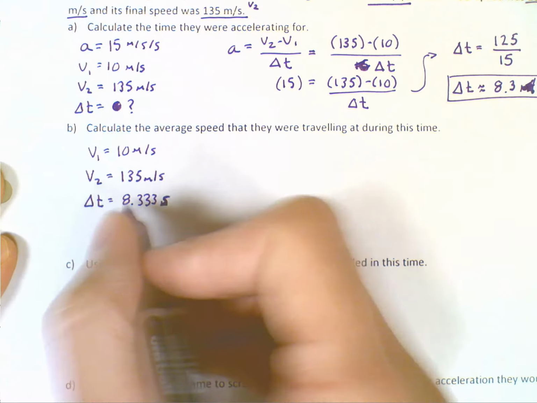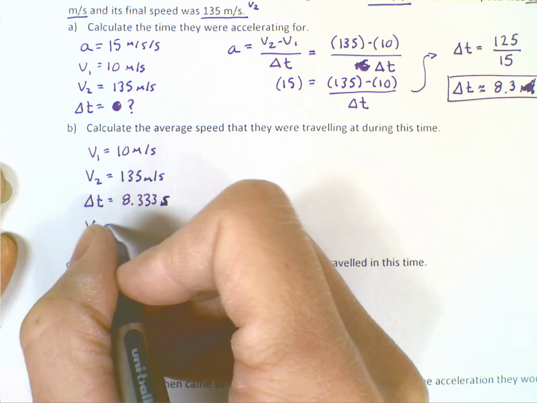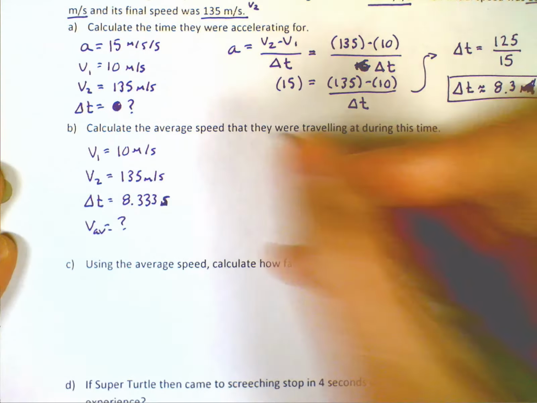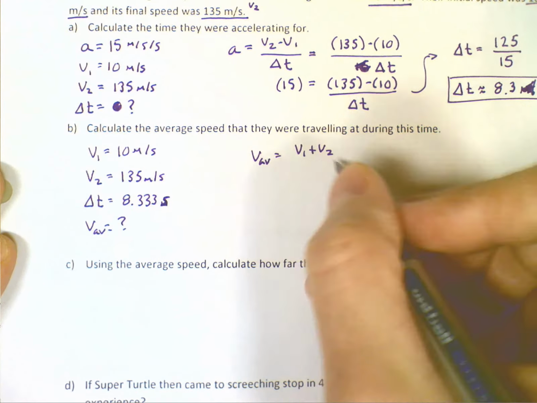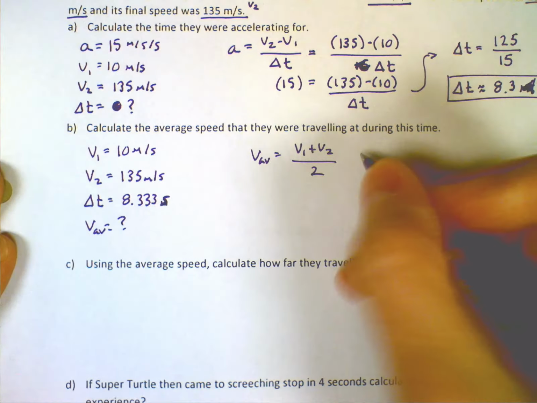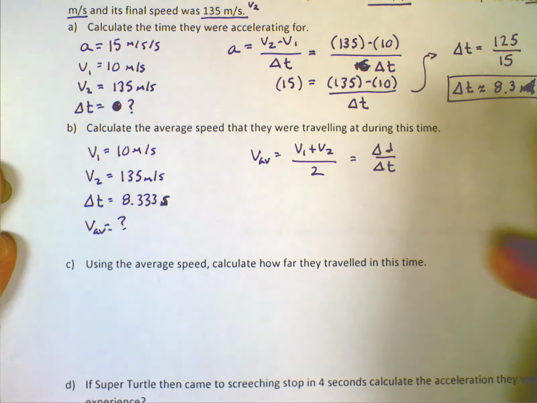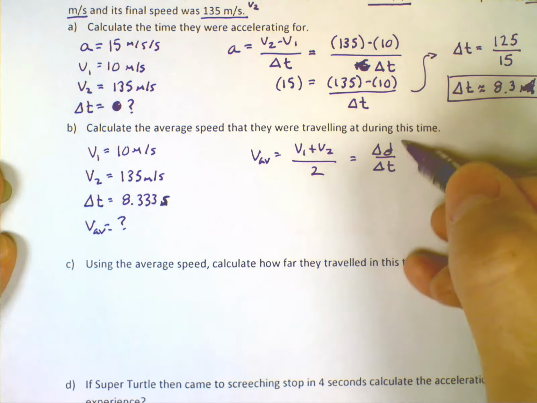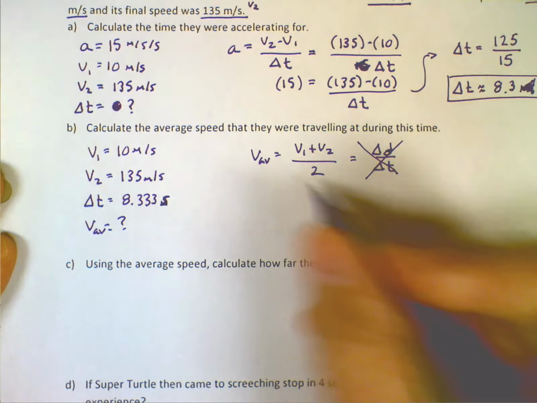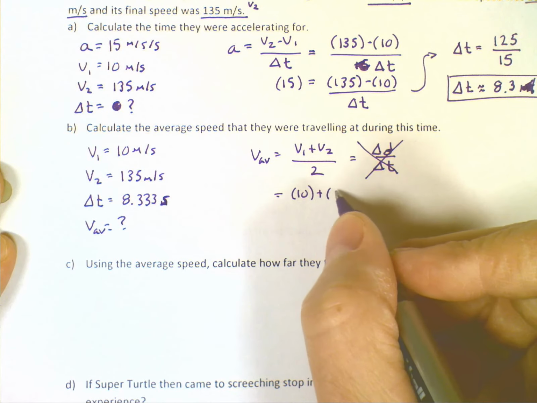Well, we don't even need the time actually, because if we're trying to find the average velocity, we don't even need that information, because the average velocity is v1 plus v2 divided by 2. We could have used delta d over delta t, but the problem is that we don't know the distance that was traveled, so we can't use this right now. v1 is 10. Notice I'm putting the brackets.